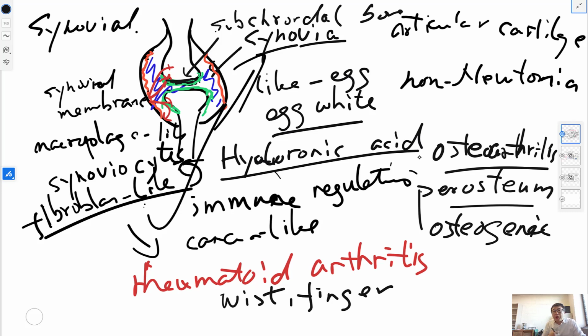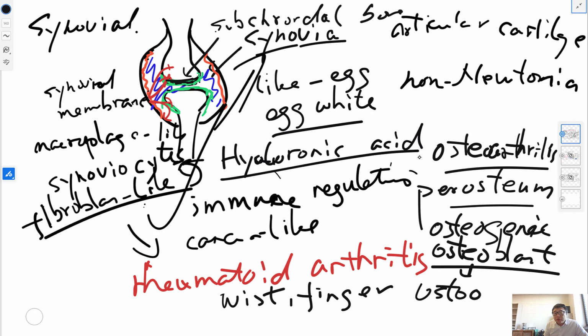in the periosteum. However, the cartilage covering these places does not have osteogenic cells. It has only osteoblast cells. What's the difference between osteoblast cells and osteogenic cells? Osteoblast cells can produce bone matrix and convert into osteocytes, but they cannot be converted into chondrocytes.